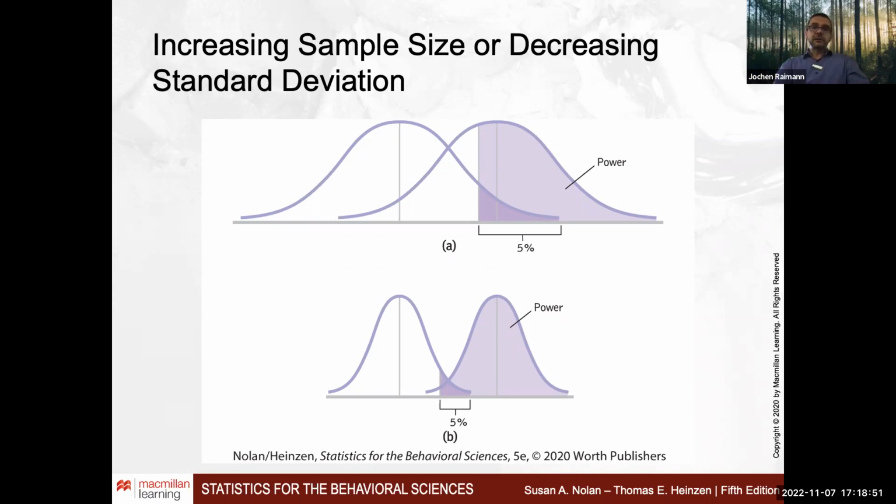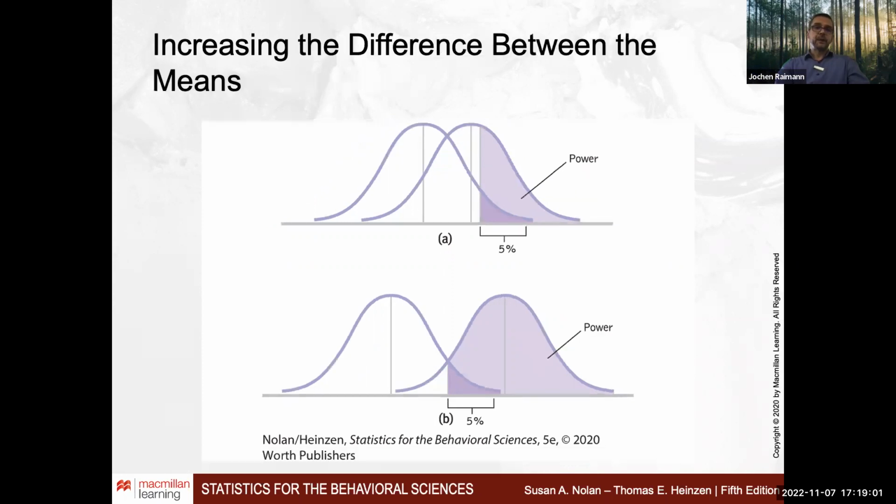This basically will minimize the standard deviation, the variability, and thereby allow you to make a more accurate estimate. And then you can also increase the difference between the means, and you see this reflected here, but basically this difference being larger, thereby increases the power in the comparison of these two groups.